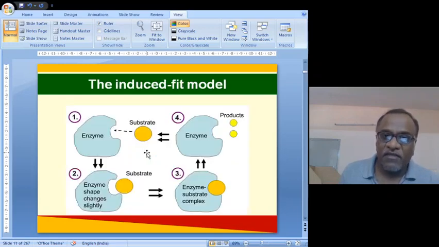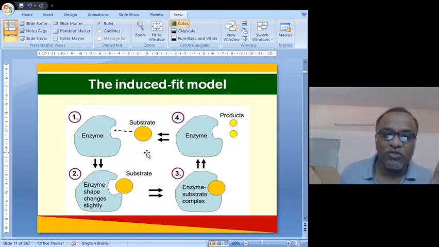We have another model to explain the enzyme substrate interaction, that is the induced fit model. Here there need not be exact complementarity before binding. The substrate binds to the enzyme, changing the conformation of the enzyme so that the substrate fits the active site region of the enzyme.